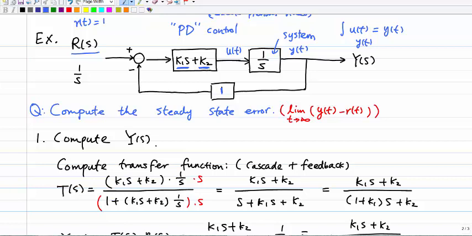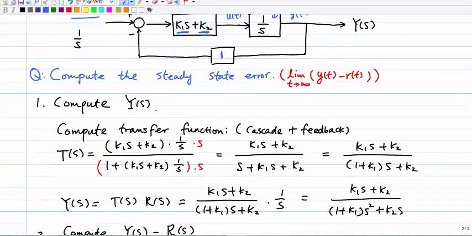Okay, if you multiply both the numerator and denominator by s, we can simplify this a little bit to k1s plus k2 divided by s plus k1s plus k2. In simplified form, it is k1s plus k2 divided by 1 plus k1s plus k2. So that's the transfer function.